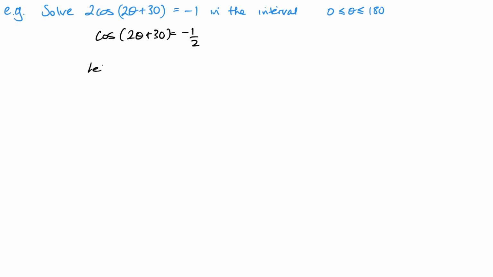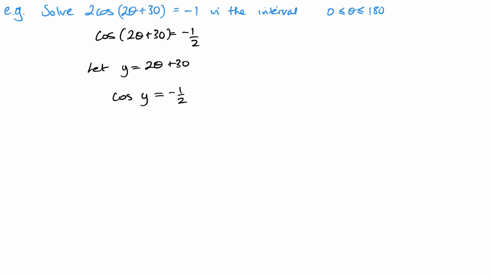Then I'm going to replace this 2 theta plus 30. Now, I used x last time, so I can use it again, or this time I'm just going to use y, just to show it doesn't matter what letter you choose, you just pick one. So now I can see that cos of y equals -1/2.